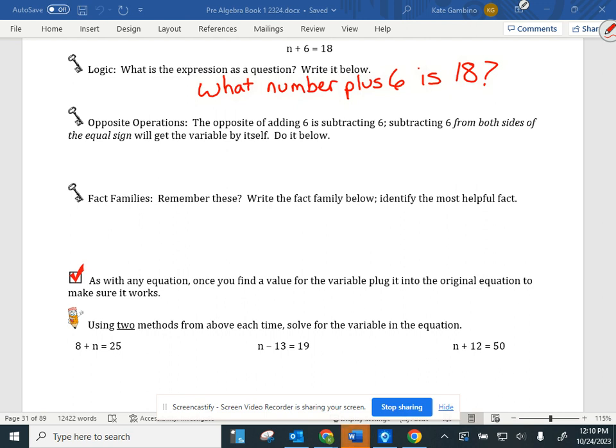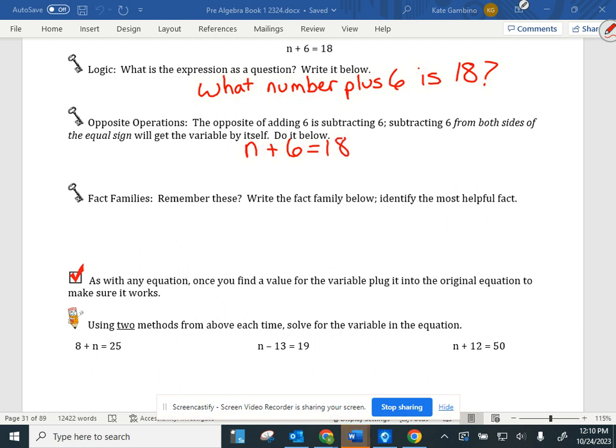Then we have opposite operations. The opposite of adding 6 is subtracting 6. So we're going to subtract 6 from both sides of the equal sign because we need to balance it out. And that will get the variable by itself. So what that looks like is we have n plus 6 equals 18.